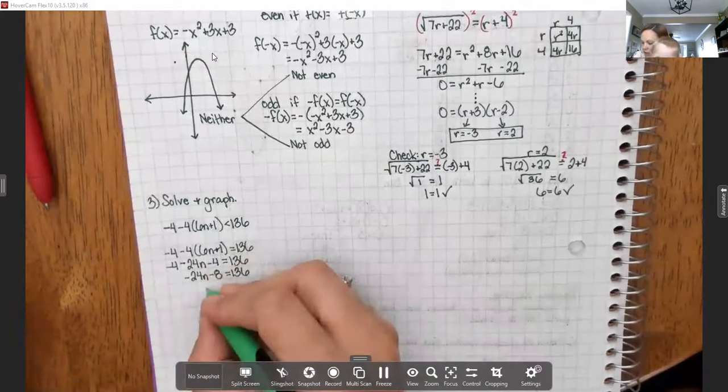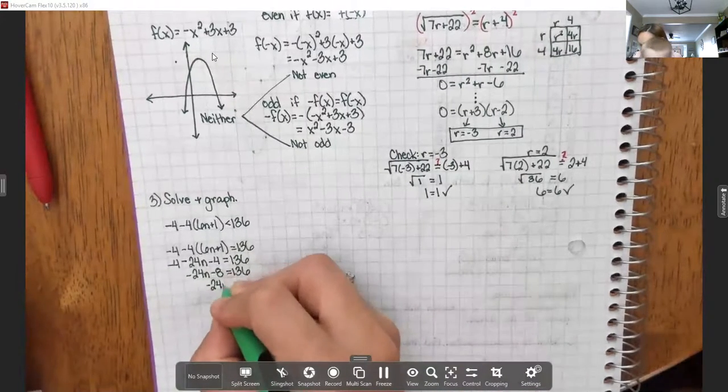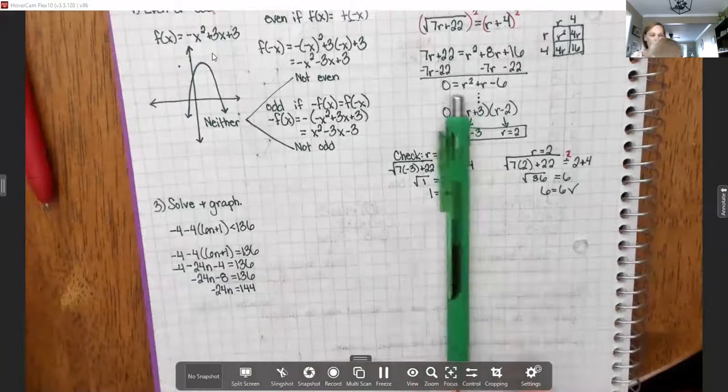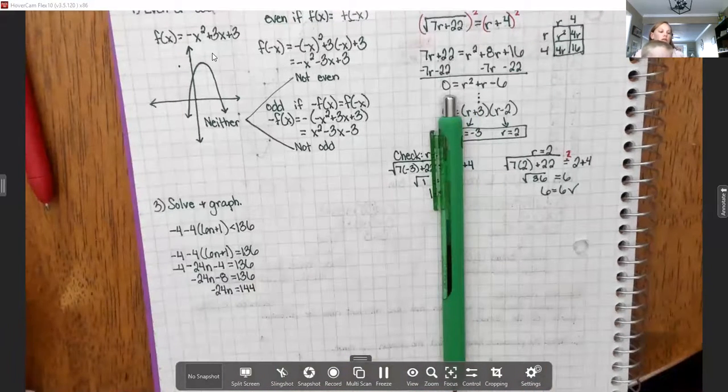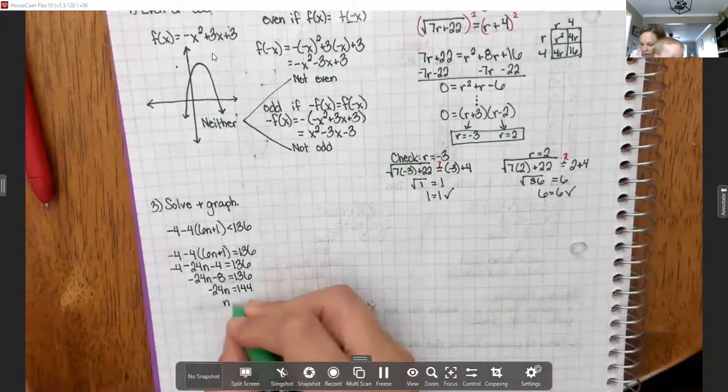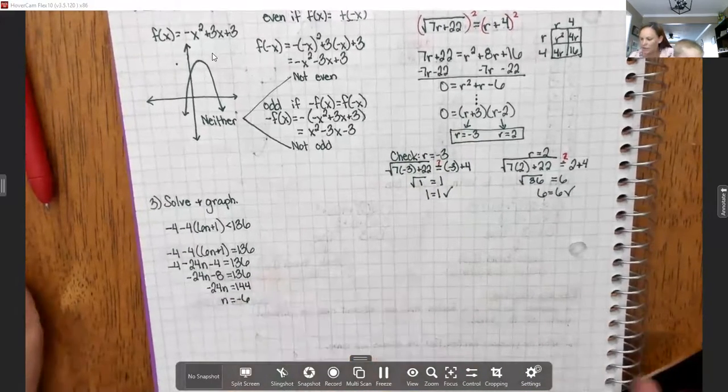Add 8 to both sides. -24n equals 144. And then when I divide that, I get n equals -6.